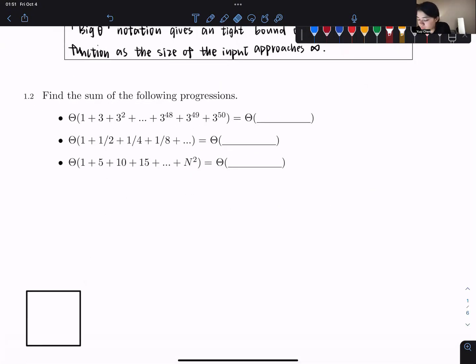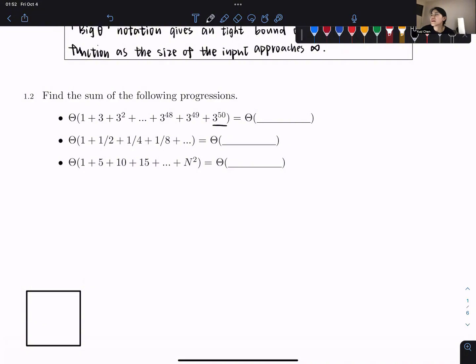Find the sum of the following progressions. The first expression is 1 plus 3 squared plus and so on, plus 3 to the power of 50. Looking at the context provided in the question, we consider only the largest term, which is 3 to the power of 50.